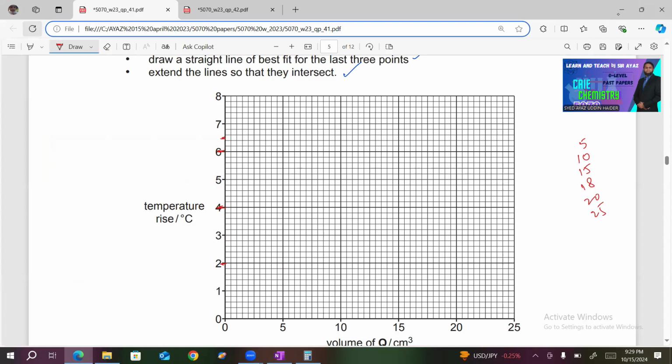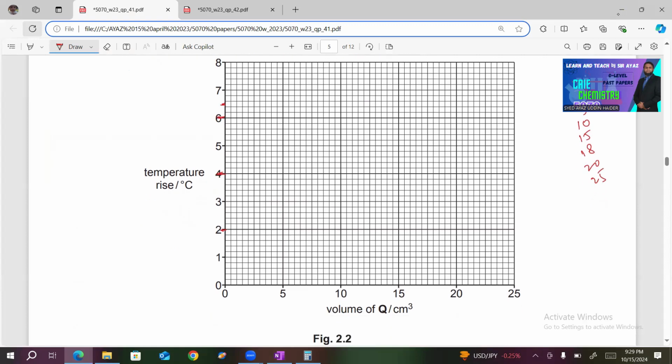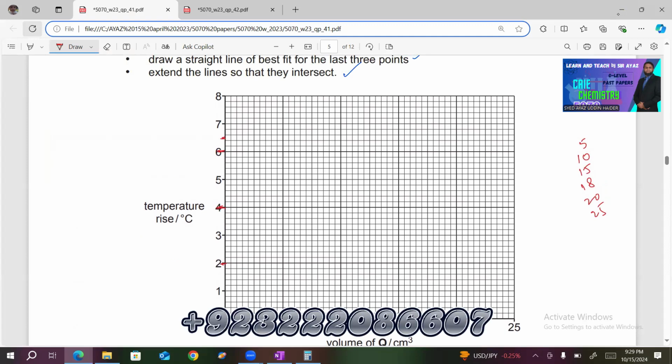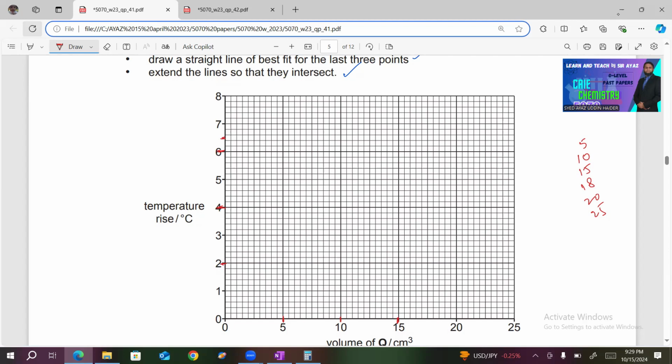These are the volumes of Q. So 5, it must be here. 10, 15. What about 18? 16, 17, 18. Here we are having 18. We have 20 and 25.